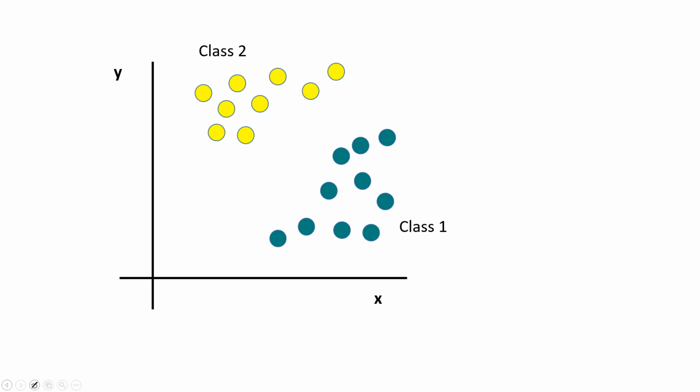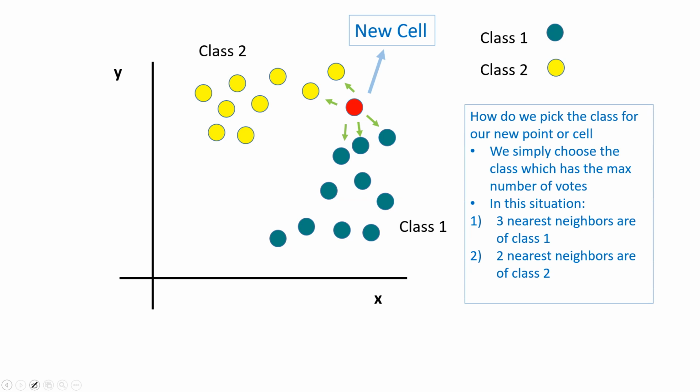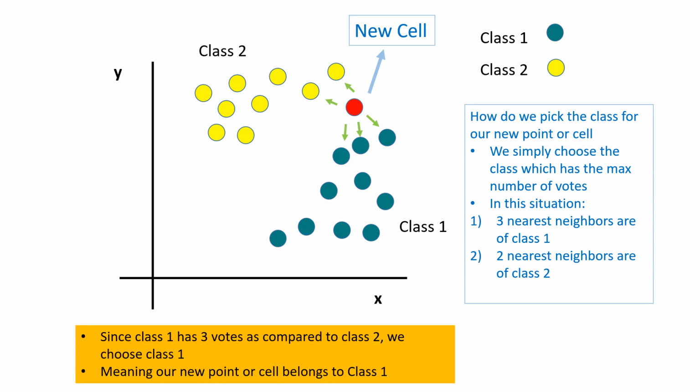In this situation, three neighbors belong to class 1 and two nearest neighbors belong to class 2. Since class 1 has 3 votes as compared to class 2, we choose that this particular new cell belongs to class 1, meaning our new point is now categorized as class 1.